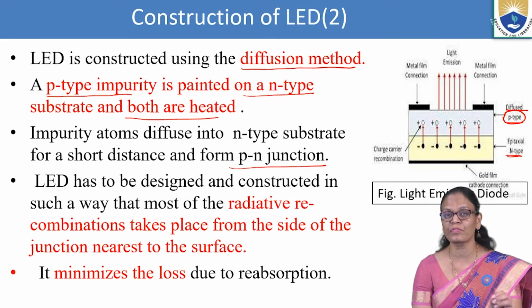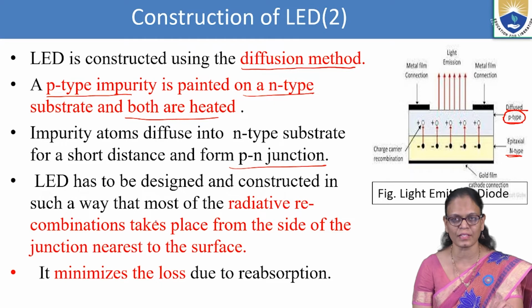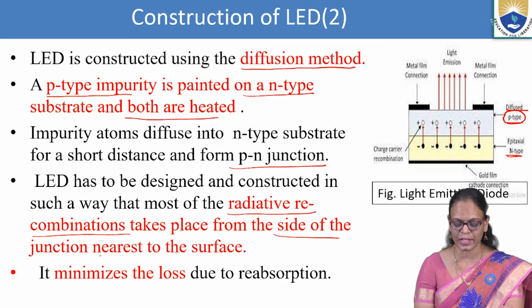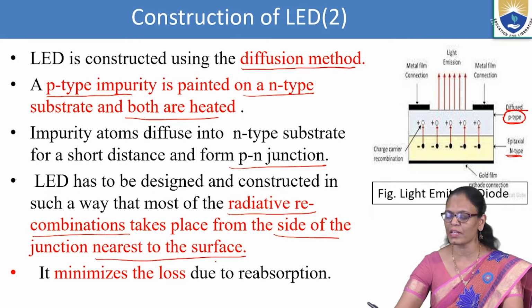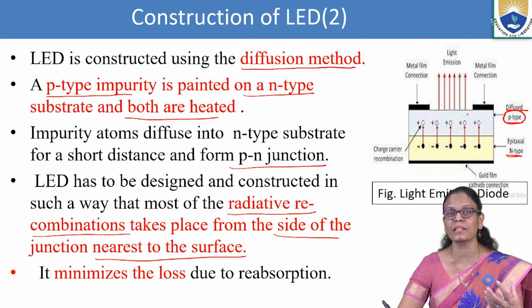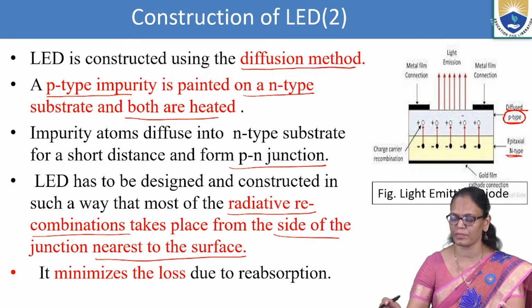And also we have to see that LED has to be designed and constructed in such a way that most of the radiative recombinations take place from the side that is nearest to the surface. So whenever there is recombination of charge carriers, so you can see here the recombination happening, it should always be very near to the surface. That will help in minimizing the loss of energy due to reabsorption.